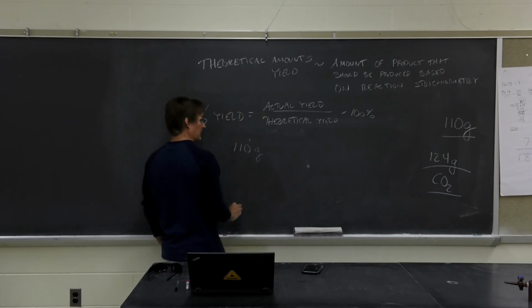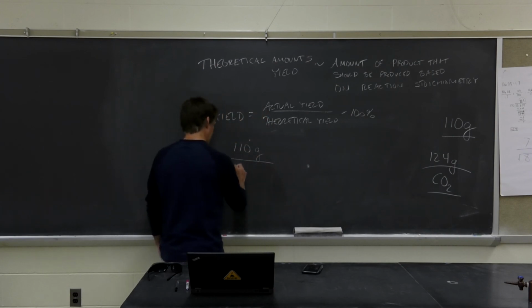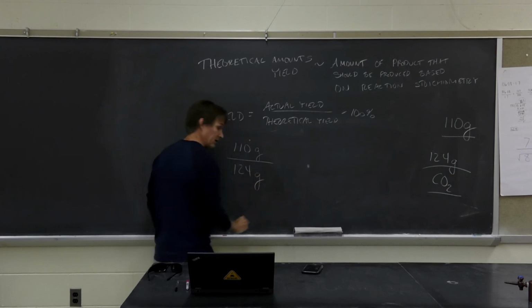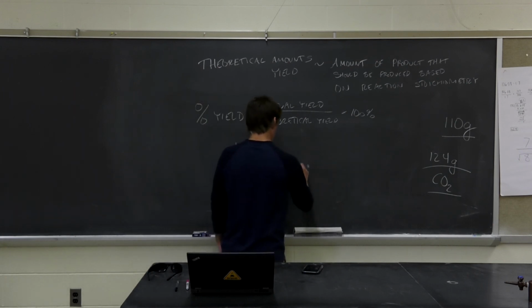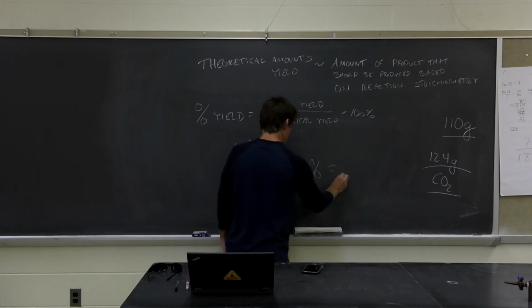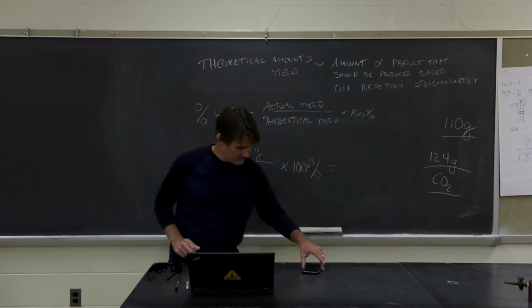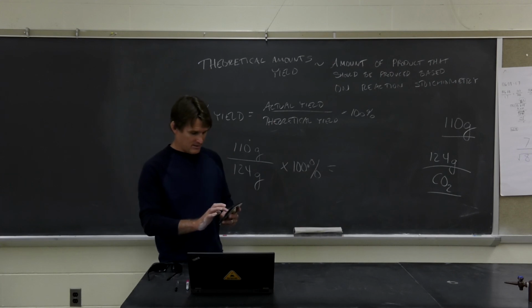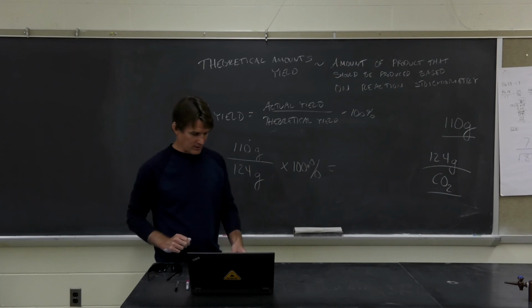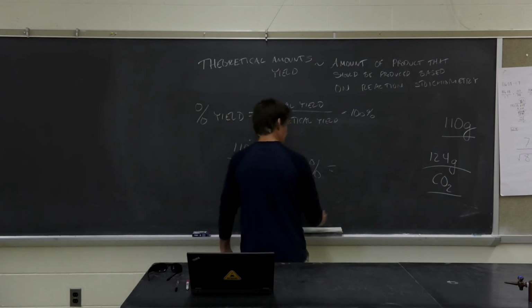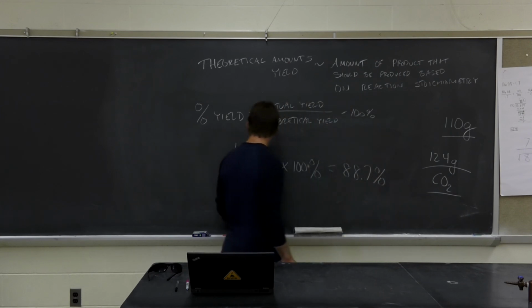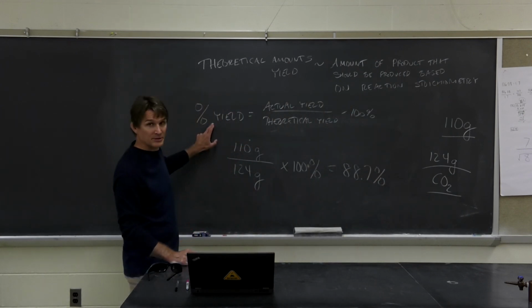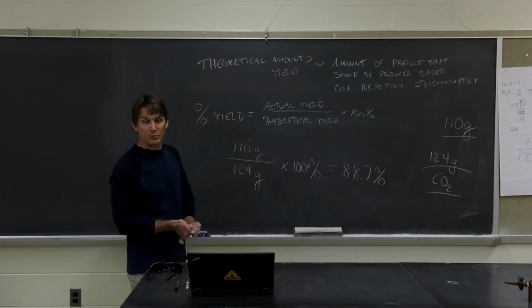That's what I actually collected. I'm going to divide that by the 124 grams that I should collect in theory if everything's working correctly. And we'll multiply that, of course, by 100%. 110 divided by 124, looks like we got 88.7%. So our percent yield in this particular experiment would have been 88.7%.